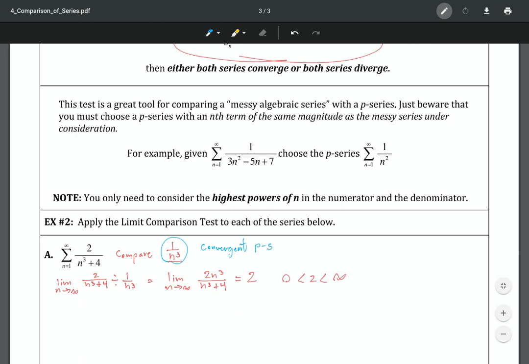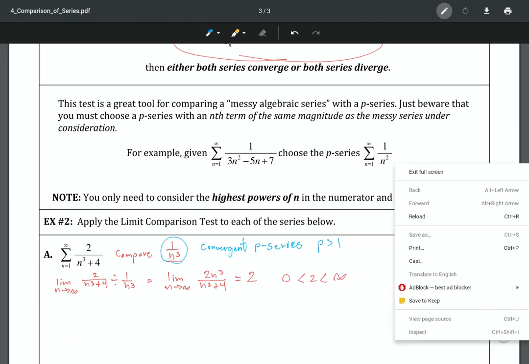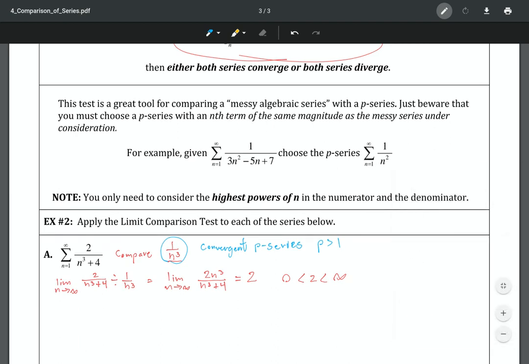It's a convergent p-series where p is greater than 1. Okay? So because this is convergent, and because this is between 0 and infinity, then by the limit comparison test, both series will converge.